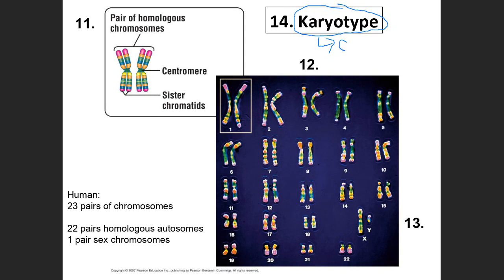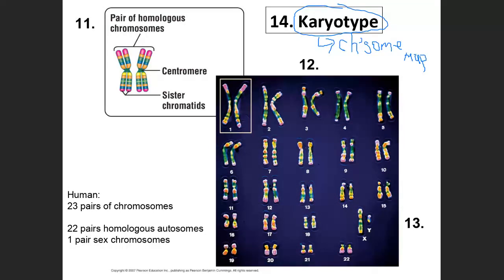Simplest way to define what a karyotype is, this is in lay terms, but you need to know karyotype going into the test, but this is in lay terms to help you out. A karyotype is a chromosome map. That fell apart.